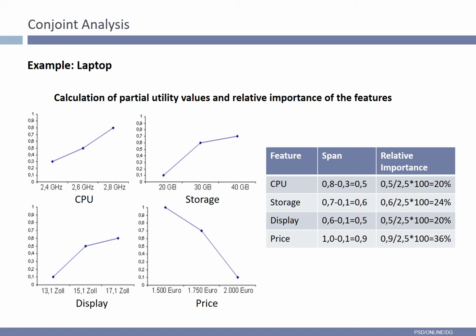But when going from 30 to 40 gigabytes, you can see the utility just increases slightly from 0.6 to 0.7. So for you as a marketer, you will see, okay, 20 gigabytes is definitely not enough.